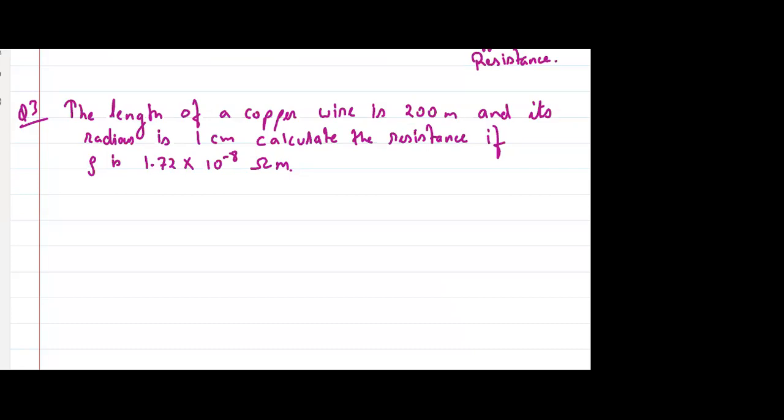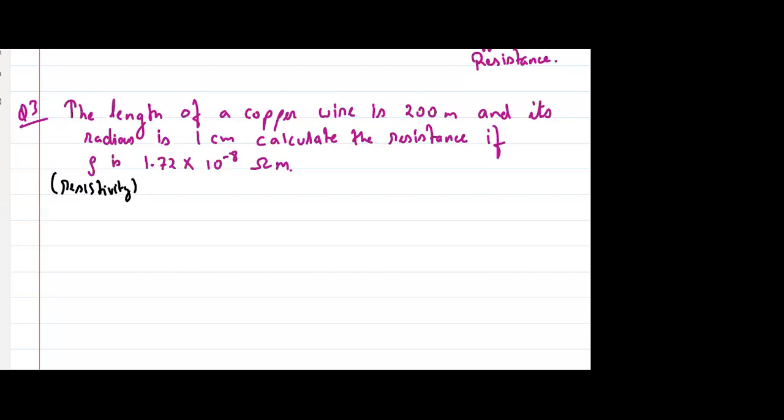No, Prahlad. V by A is not equal to ohm, right? It is not D. It is rho. It is resistivity. Okay, Navya.